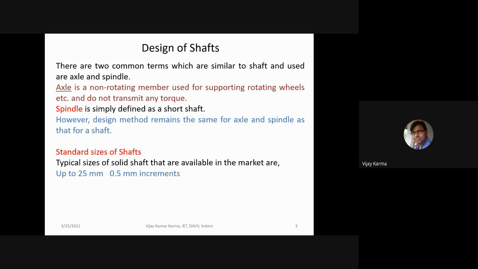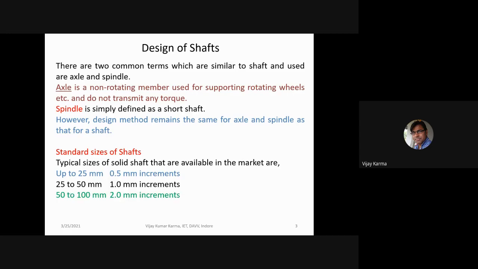Means if one diameter is 3 mm shaft, then the next standard diameter will be 3.5 mm, the next will be 4.0 mm, and so on. And from 25 to 50 mm, there will be increment of 1 mm. That is, if the shaft diameter is 25, the next standard shaft diameter will be 26.